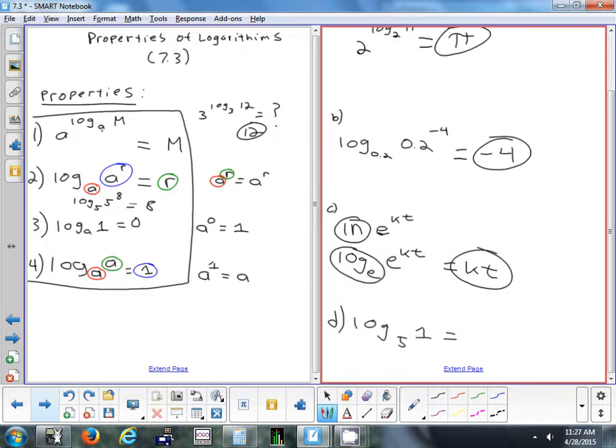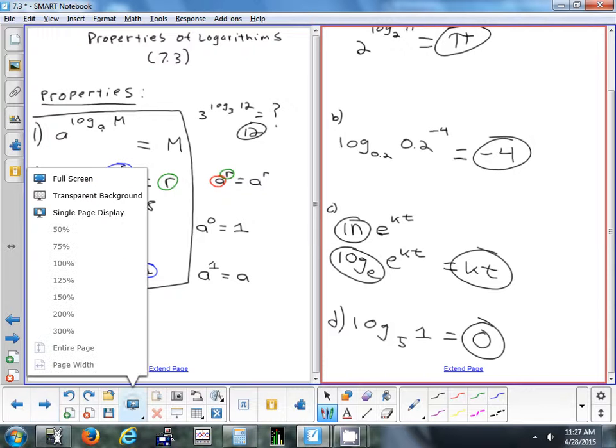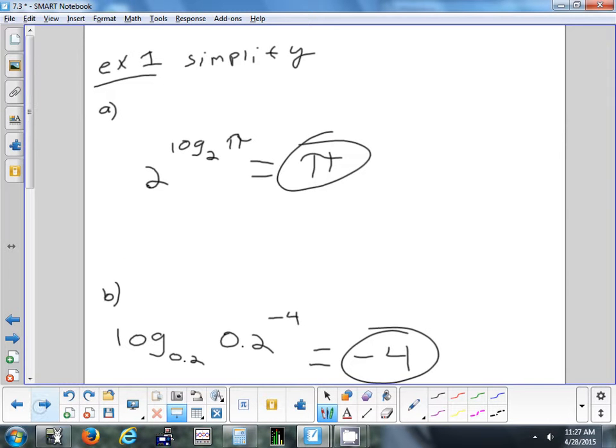Yeah. It's rule 3. Log base anything of 1 is always 0. Doesn't matter what the base is: 5, 12, 37 and a half. A can be anything. If your argument is 1, the answer is always 0. Okay. Any question on that one? All right. So there's one of each.